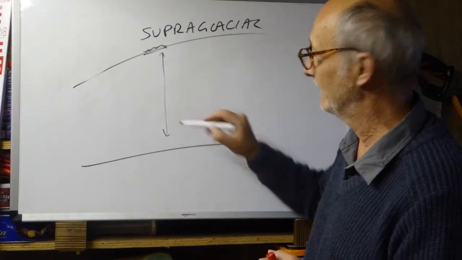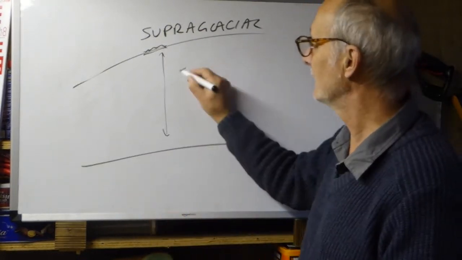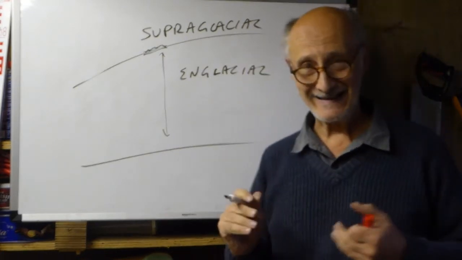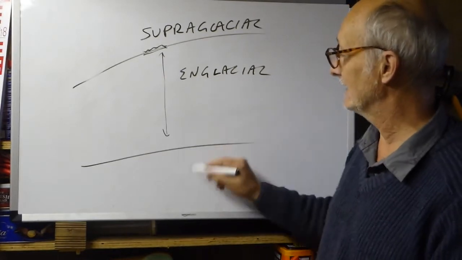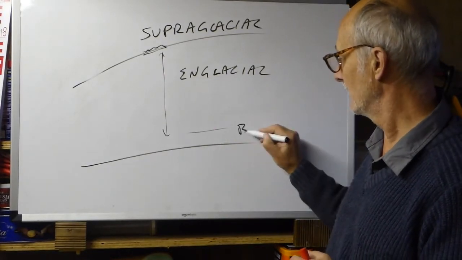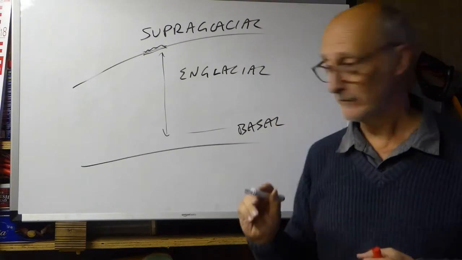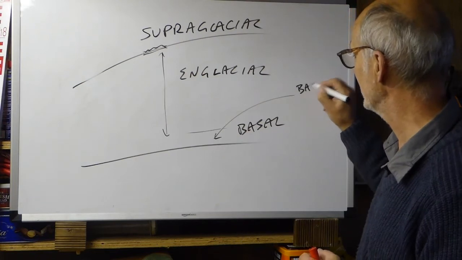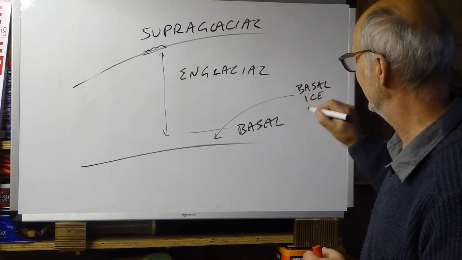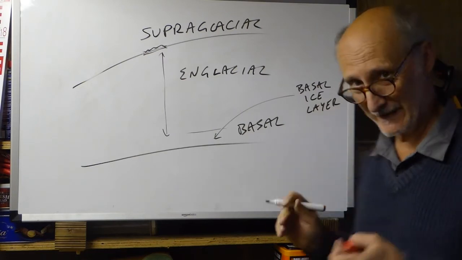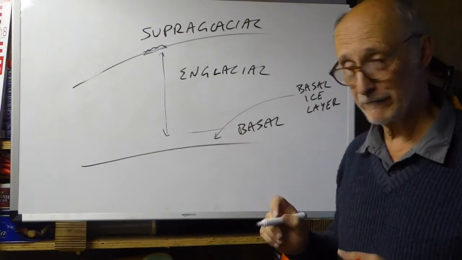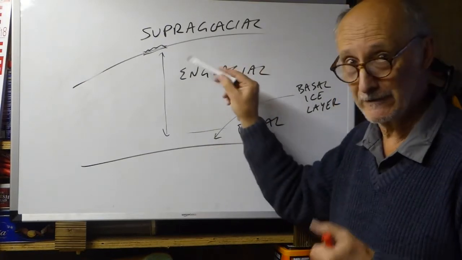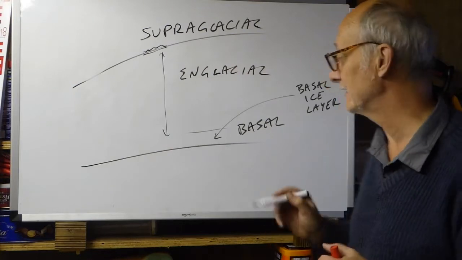Beneath that we have typically a much thicker area that we refer to as the englacial zone, taking us down towards the basal zone, and in particular here people talk about, and we will talk about later on, the basal ice layer, in which the characteristics of the ice are different from the ice elsewhere in the glacier because they're conditioned by things that are happening at the bed and not controlled entirely by things happening at the surface or in the interior.